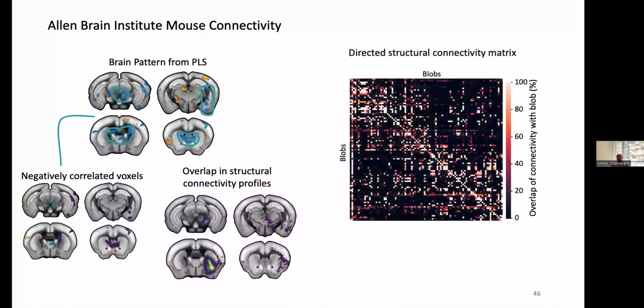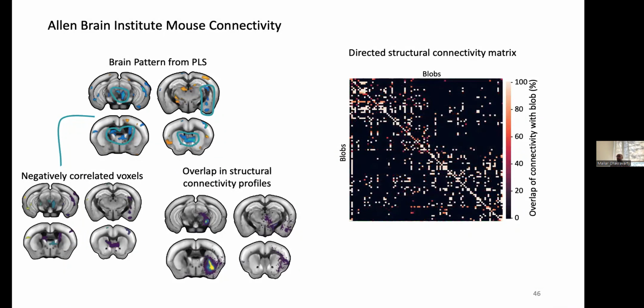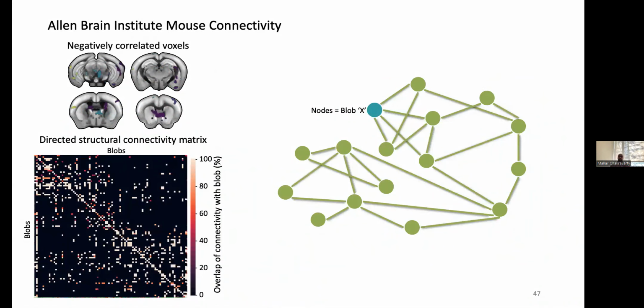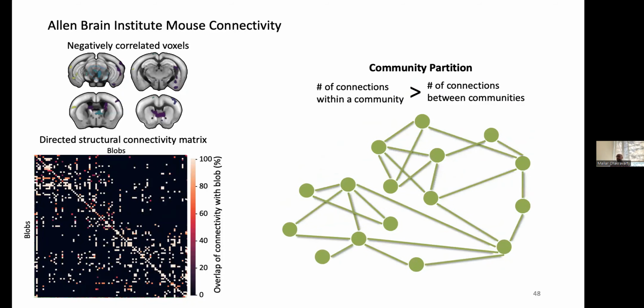And you can create this adjacency matrix, or this directed structural connectivity matrix, and threshold it for significant connections. And that's something she did using a laborious permutation test. And so when you do that, you can then create a graph-like structure where the nodes now become any of these connected blobs or connected regions from the positively or negatively correlated regions, and the edge is a monosynaptic connection.